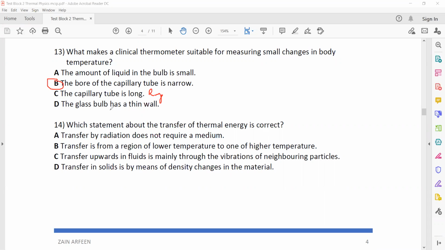The glass bulb of thin wall will affect the responsiveness or quick acting. If the amount of liquid in the bulb is smaller, this reduces the sensitivity. If you use a greater amount of liquid, it increases the sensitivity.